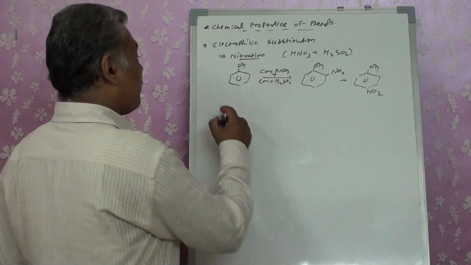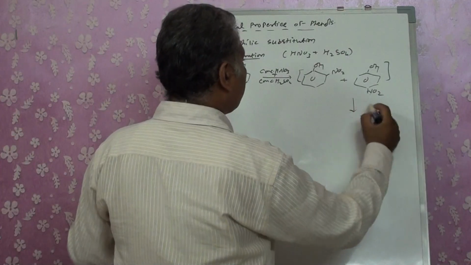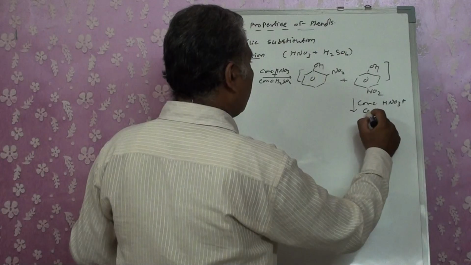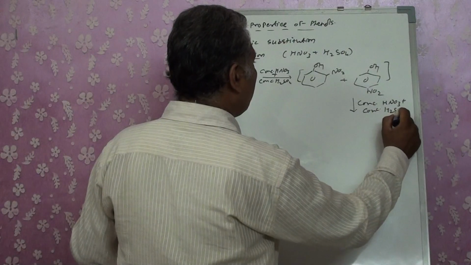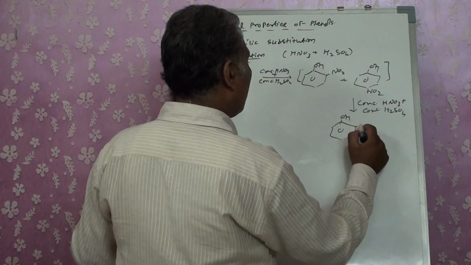So this compound can go further for nitration again, and if nitration is done with concentrated HNO3 and concentrated H2SO4, it produces 2,4-dinitrophenol.